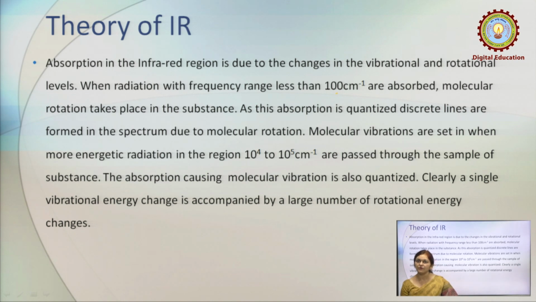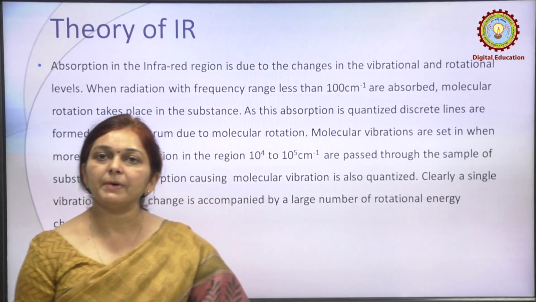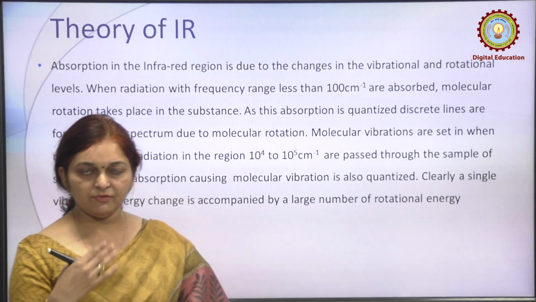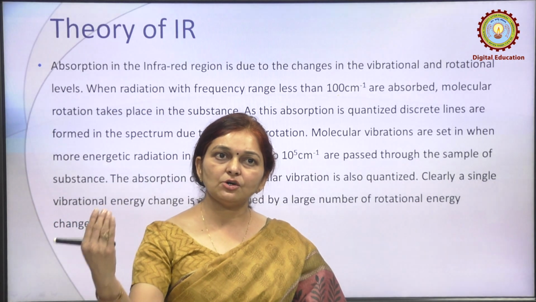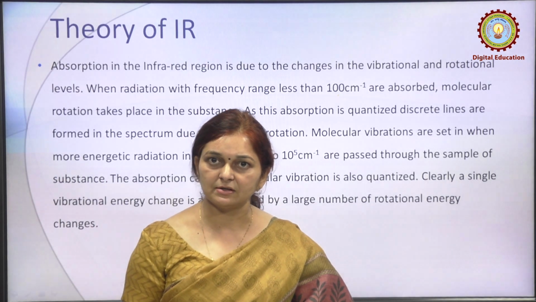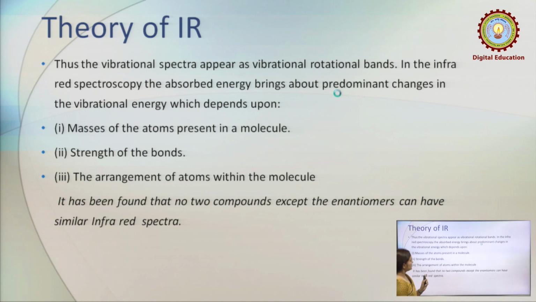Clearly, a single vibrational energy change is accompanied by a large number of rotational energy changes. It means when vibration takes place, rotational changes also take place in the molecule. Thus, the vibrational spectra appear as a vibrational rotational band.